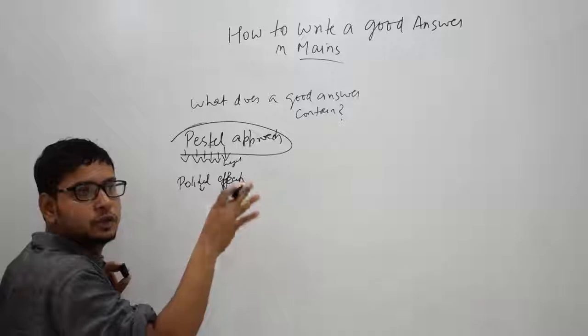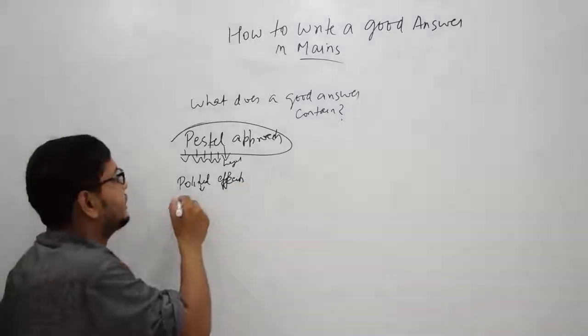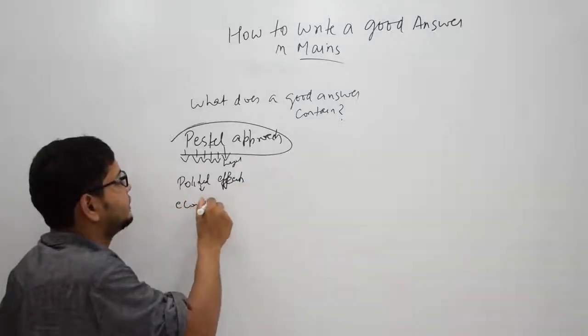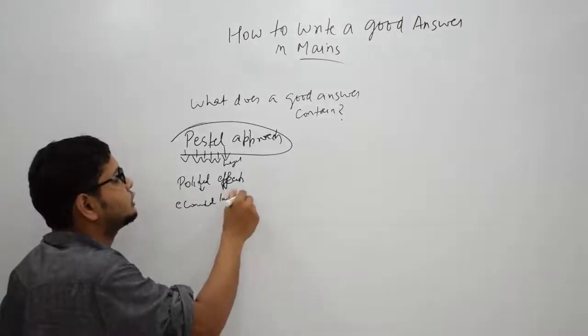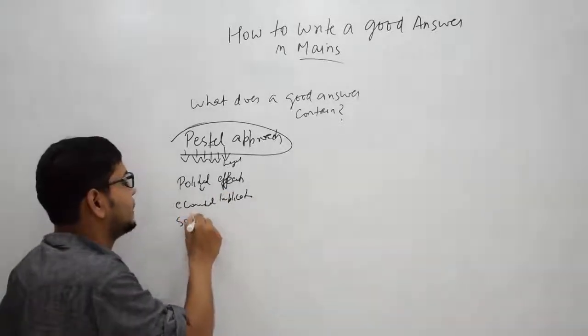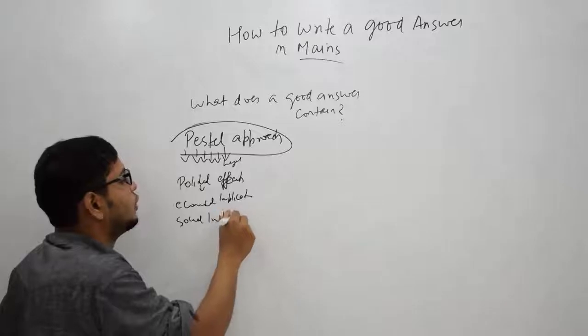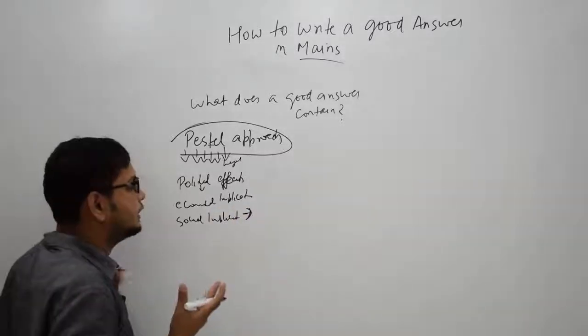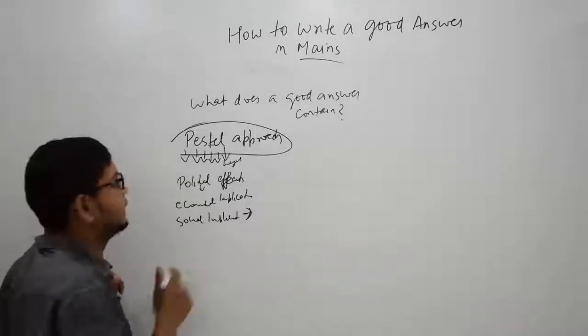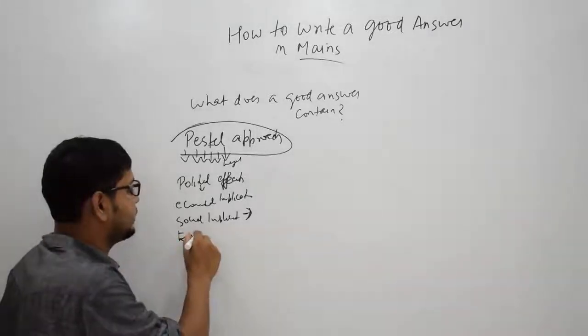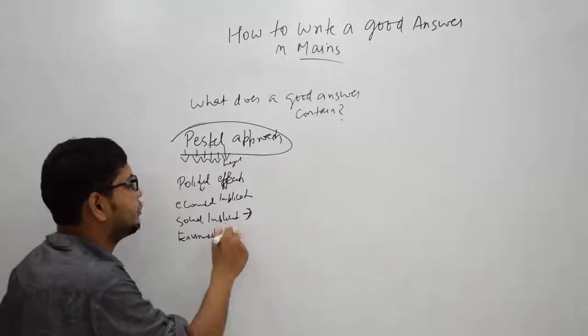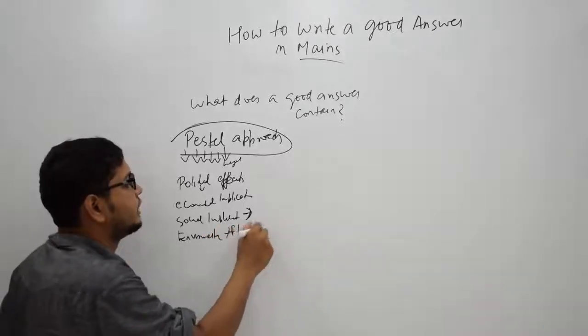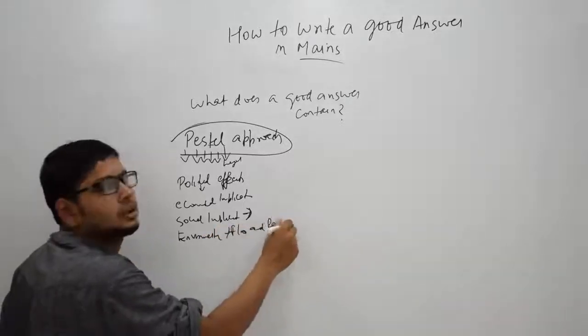Our neighboring countries will not be very happy with that. You can write economic implications. It's very costly. Social implications: a lot of people will become homeless. Rehabilitating them would be a great cost. Environmental impact: it will affect the flora and fauna, and also we are playing with nature, all these things.